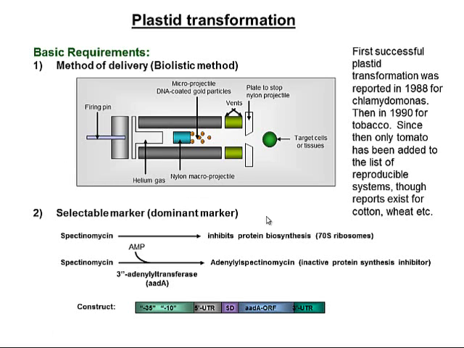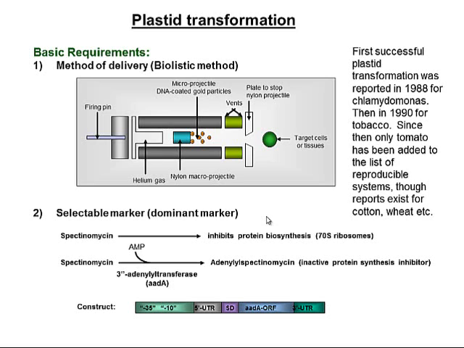The initial studies used the RRN16 gene, which is a 16S ribosomal RNA gene in the chloroplast. This gene is susceptible to spectinomycin. So if you add spectinomycin to wild type cells, they will die off because it inhibits this 16S ribosomal RNA.